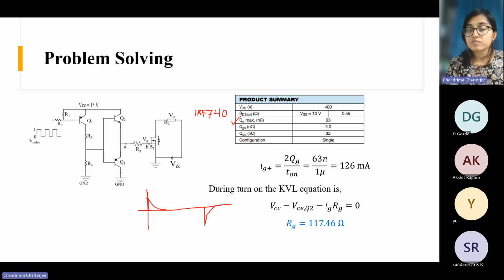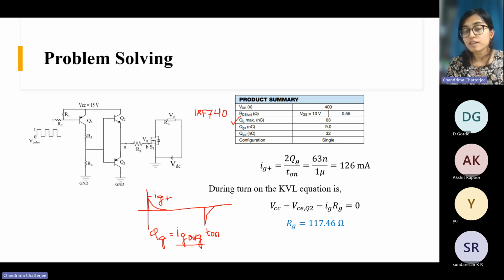If you remember, we denoted the peak current as Ig plus, right? Qg, the gate charge, is Ig average times T on. T on they have specified as the maximum turn on duration, 1 microsecond.